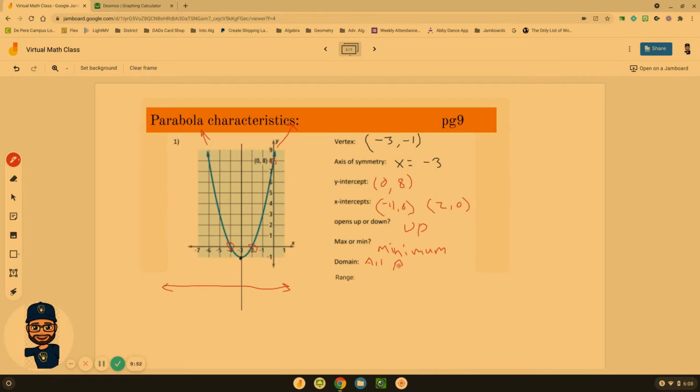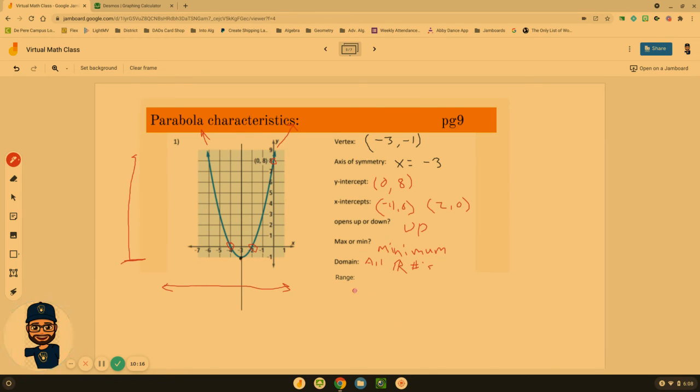All, this is the symbol for real, all real numbers. The range describes the behavior on the y. Notice, it doesn't go past this point right here at -1, but it continues to get higher and higher and higher forever.